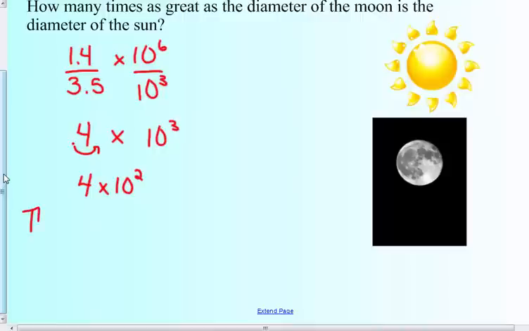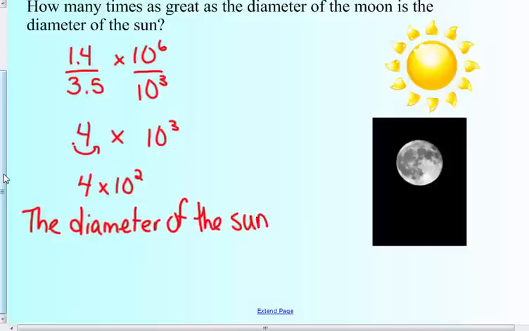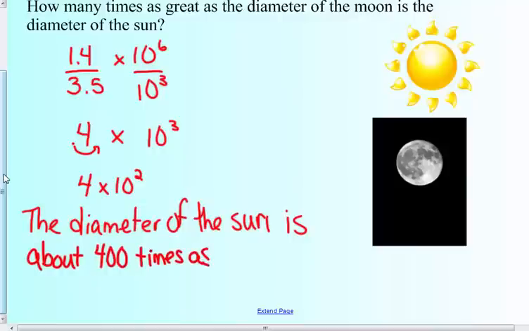The diameter of the sun is about 400 times as great as the diameter of the moon.